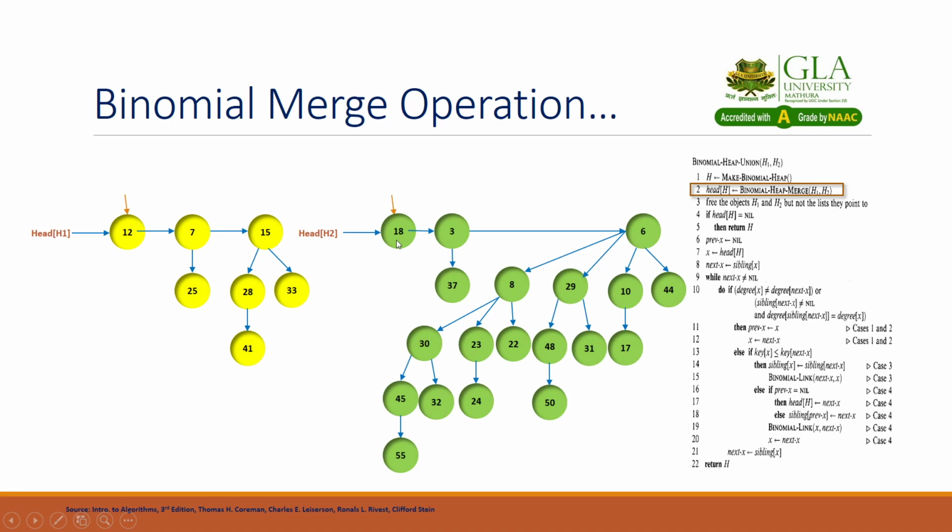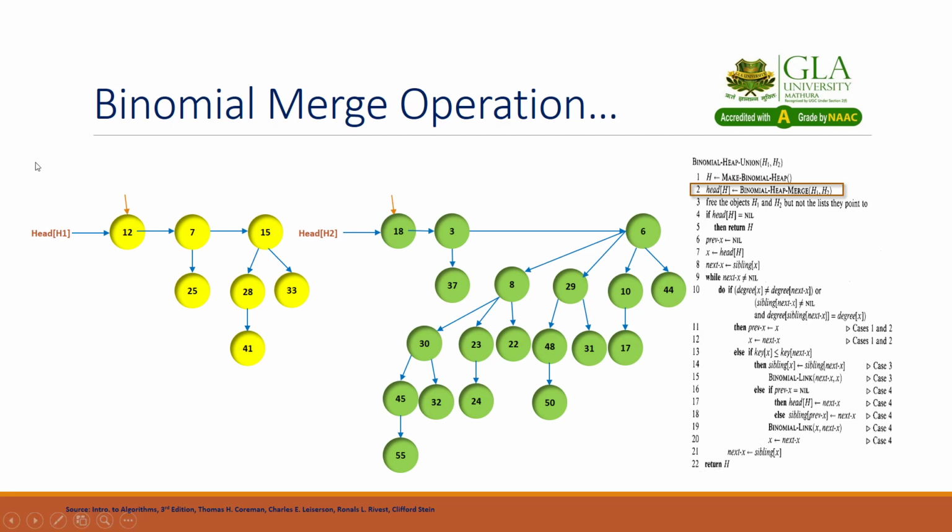Now in case number 2, we start the comparison of the order of the first binomial tree of each binomial heap. This is the first element of the first binomial heap, and this is the first element of the second binomial heap. This one has order 0 and this one also has order 0. We have to arrange the heap in increasing order.